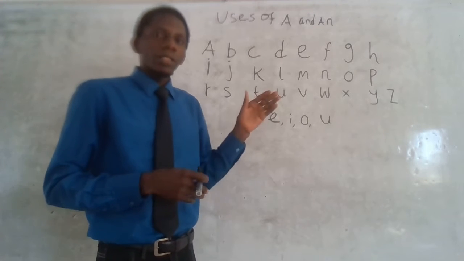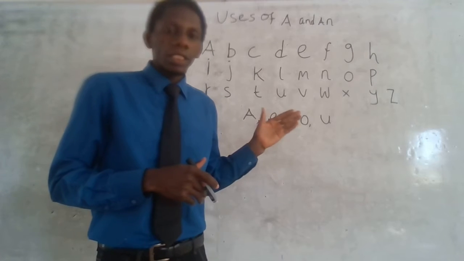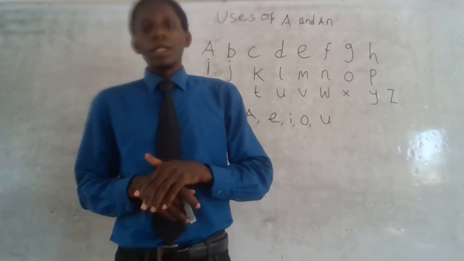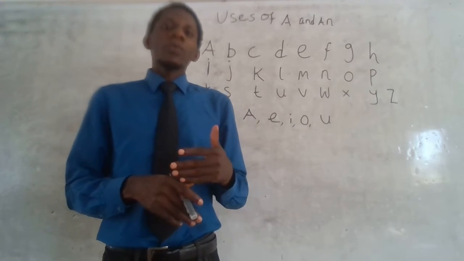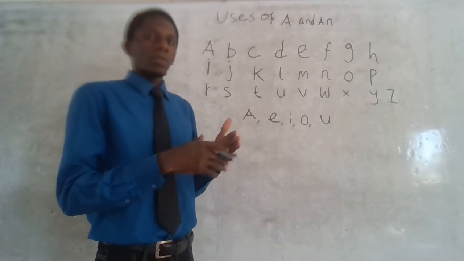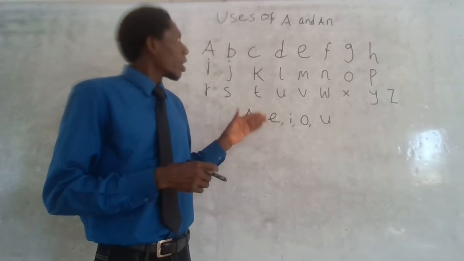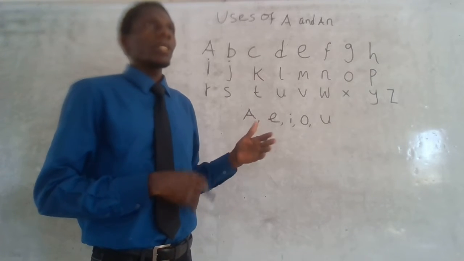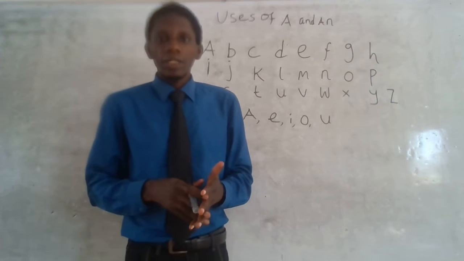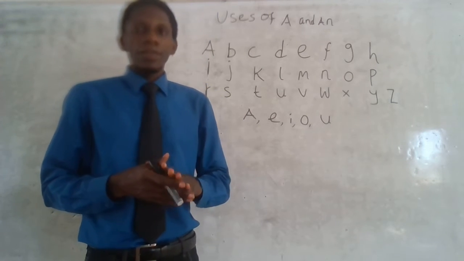So for any word that begins with a consonant letter, we use a to pronounce the word correctly, and for words that begin with vowel letters or vowel sounds, we use an.